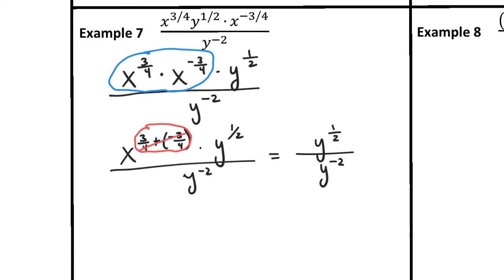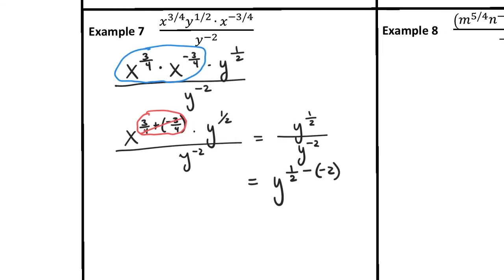Now the next thing we can do is work with the y's, and since they're dividing, their exponents are going to subtract, so it's going to be 1/2 minus negative 2. But since I have a minus negative situation, it's actually going to change to 1/2 plus 2.